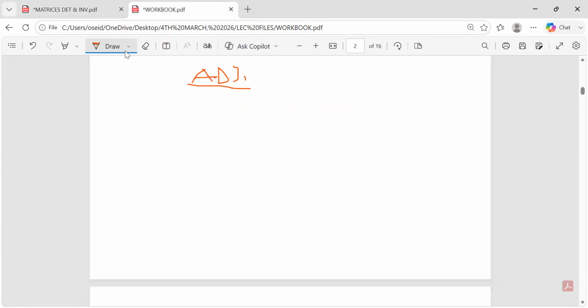Yes, so if matrix A equals A, B, C, and D, we say that the adjoint of matrix A will be equal to what?